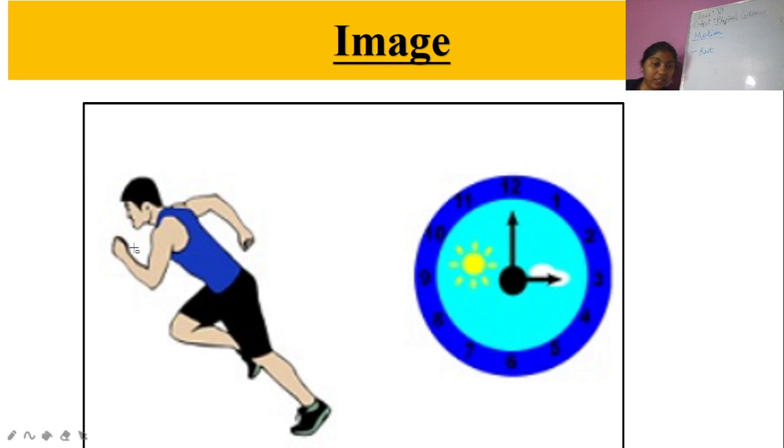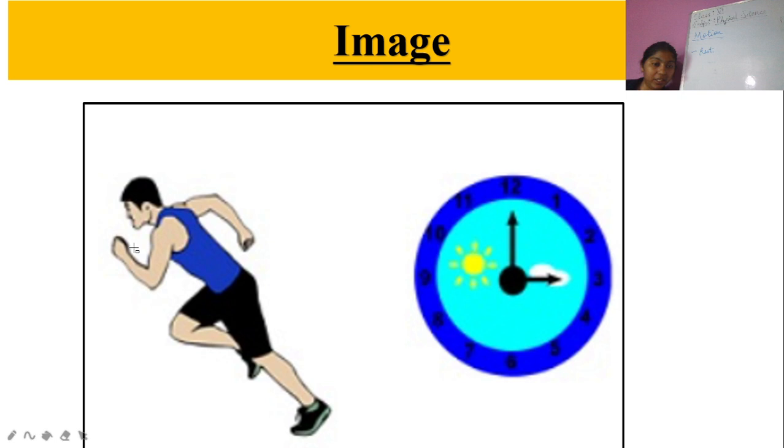And he is running in a straight line. And this clock is showing 3 o'clock, right? This clock is moving with its hour and minute hands in a circular way. If we talk about its hour hand, it is moving in the form of a circle. It starts from here and reaches here again.